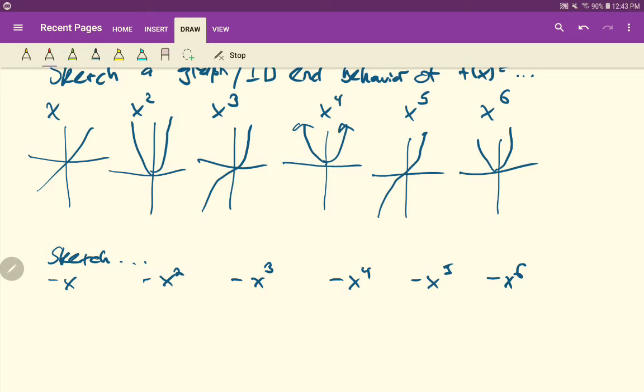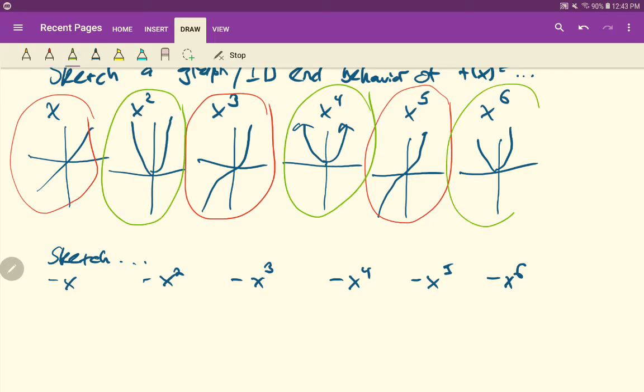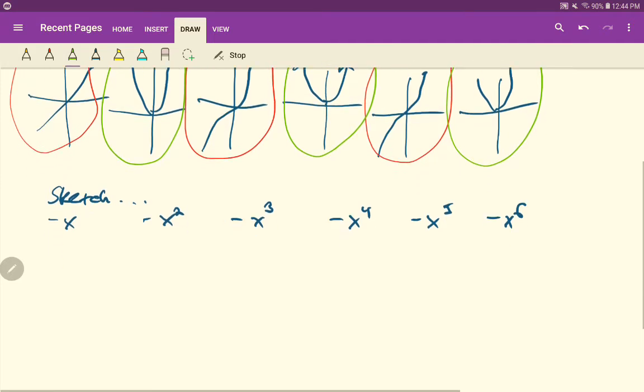You might notice some similarities here between the odd degrees and the even degrees. All of their end behaviors are the same. So the even powers all have the same end behavior. Likewise, the odd powers also all have the same end behavior.